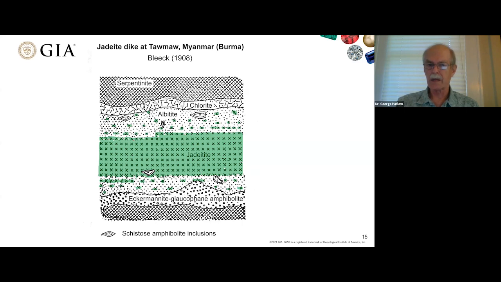So here is serpentinite on one side and serpentinite on the other side, and you have this albite rock, which is very commonly found with jadeite rock. And below it is a different kind of rock, an alkali amphibole rock, which is pretty much only found in Myanmar.